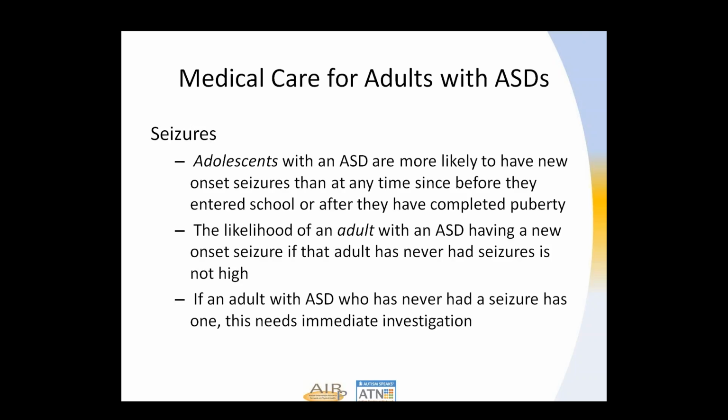On the other hand, an adult with autism who develops seizures, that's as uncommon as it is in typically developing people. So when we see that, we need to investigate that right away. This is a concern and not something simply to dismiss because we see increased risk in people with autism. Depending on how it presents, it can be quite a concern. Next slide, please.